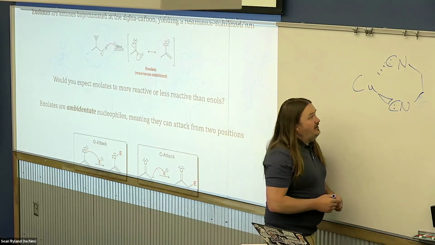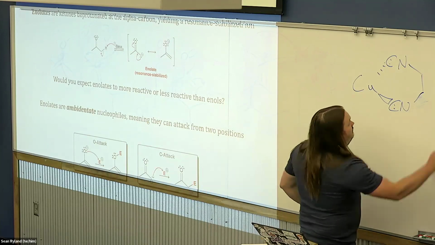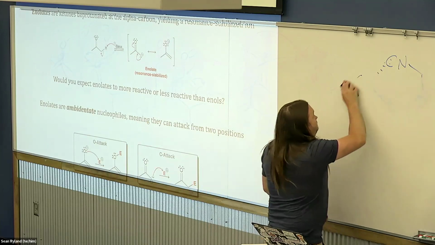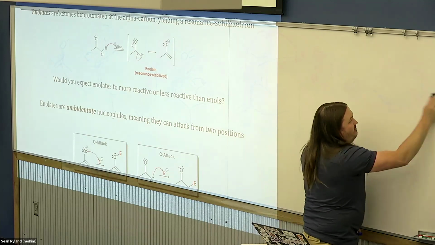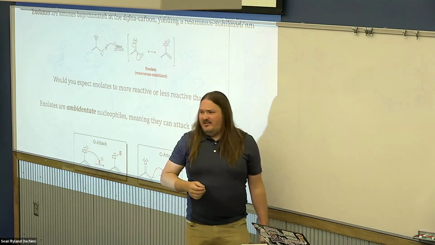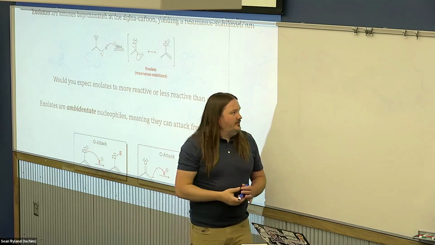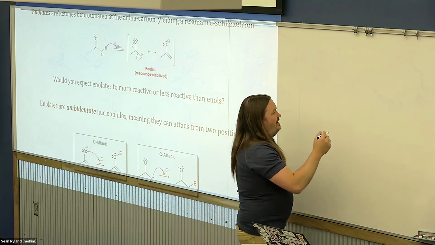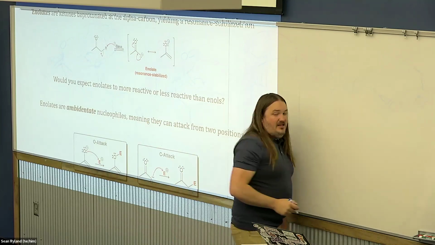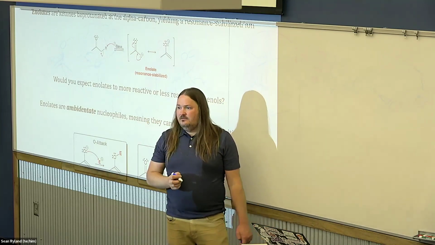And then EDTA, which we've talked about as a treatment for heavy metal poisoning. I think we've talked about that in this class, right? Like chromium. EDTA is ethylene diamine tetraacetic acid.